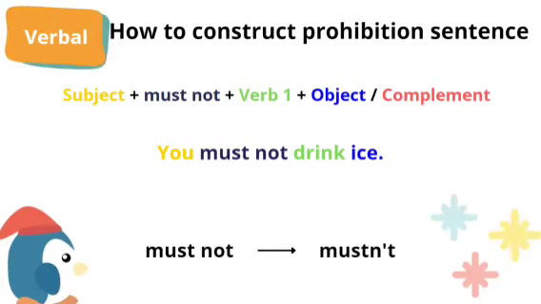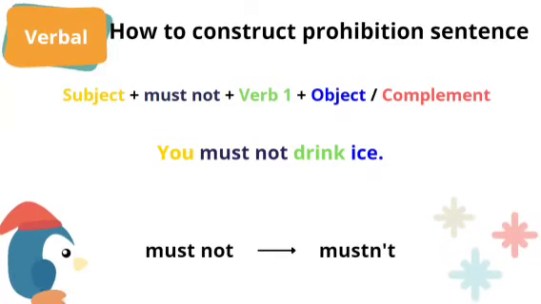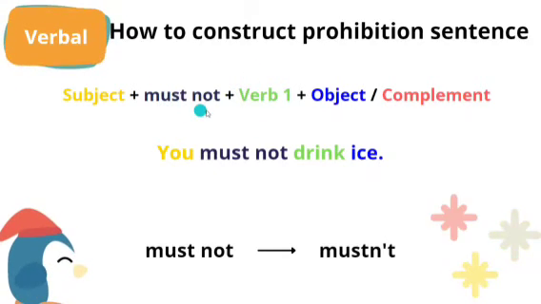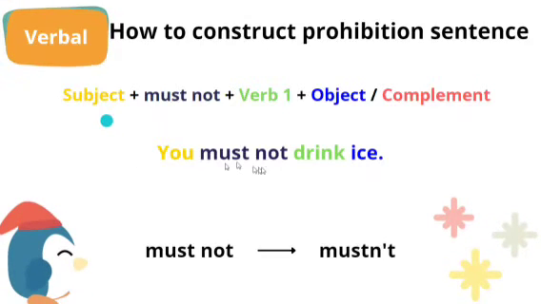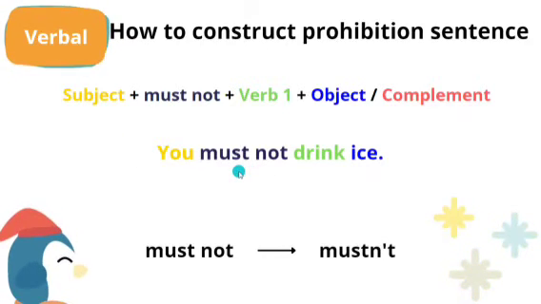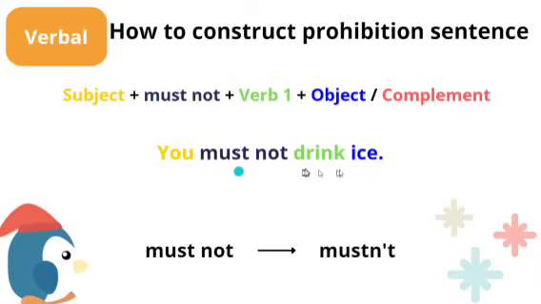Drink itu verb 1, kata kerja 1, ya. And the object is ice. So for prohibition, the example is, you must not drink ice. Well, for must not, ya, untuk must not sendiri, kalau mau disingkat menjadi mustn't. Jadi bisa juga loh kalian bilang, you mustn't drink ice. Gitu ya.